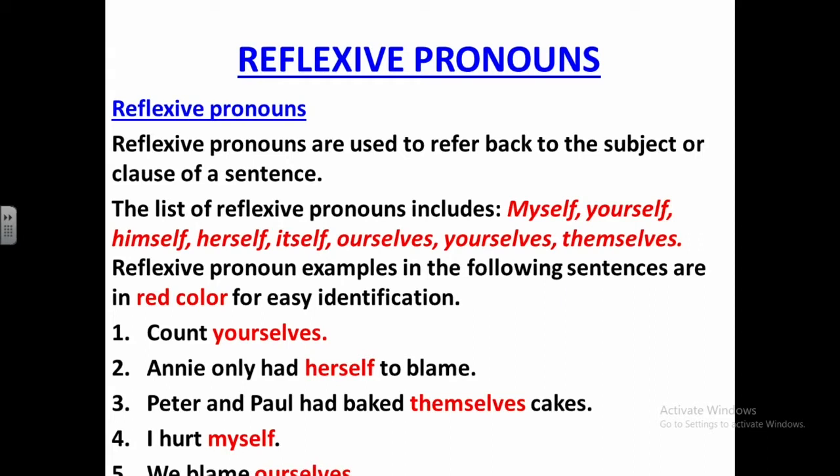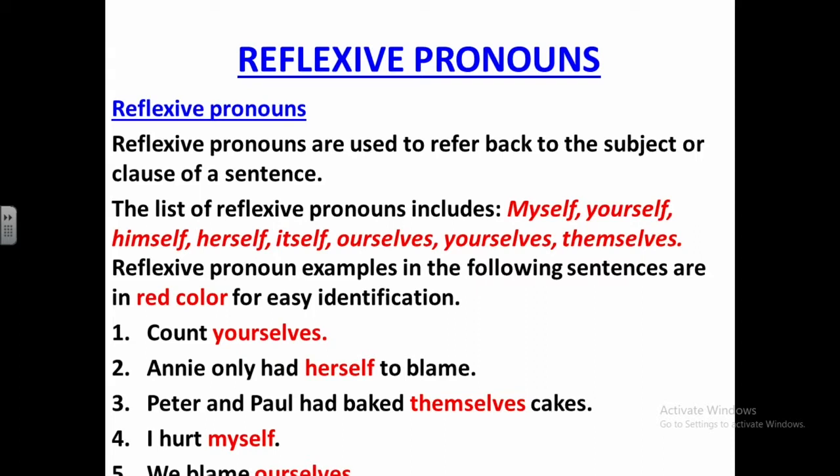Here we have examples of reflexive pronouns in the following sentences, and the reflexive pronouns are colored red for identification. Example 1, count yourselves. This is a reflexive pronoun. It includes everybody. 2, Annie only had herself to blame.